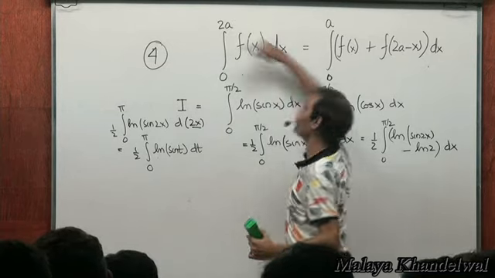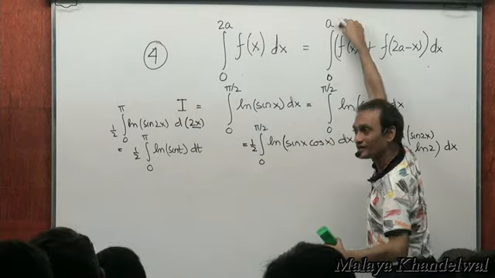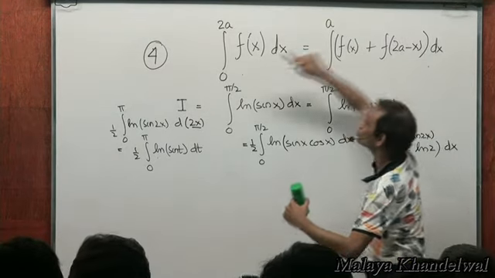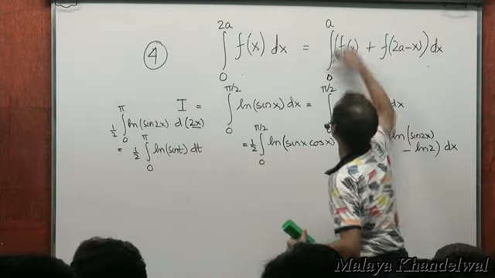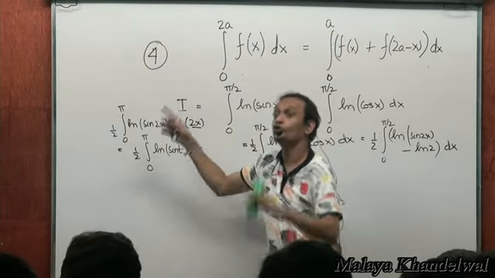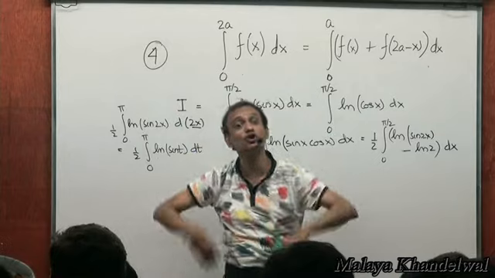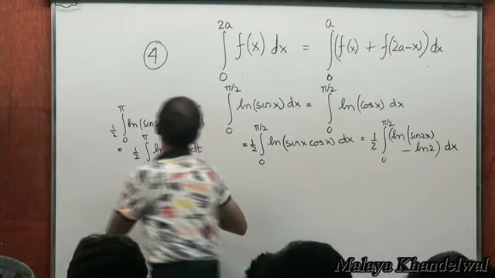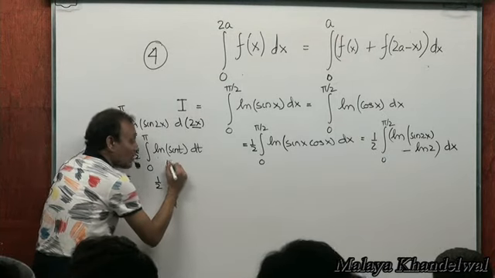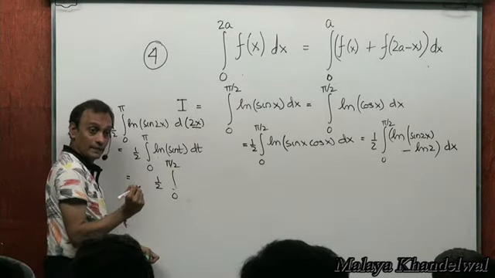If I want to convert 0 to something to 0 to half that something, then this result comes in handy, isn't it? That means 0 to pi by 2, right?